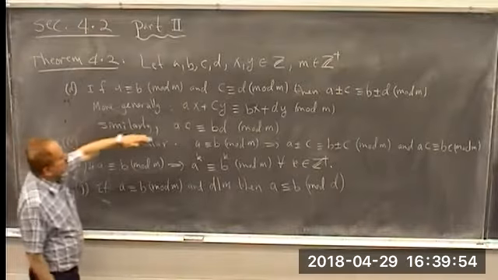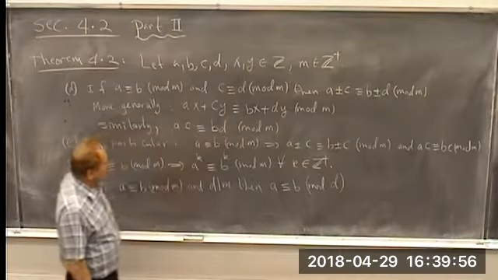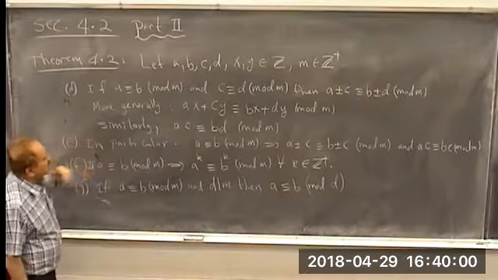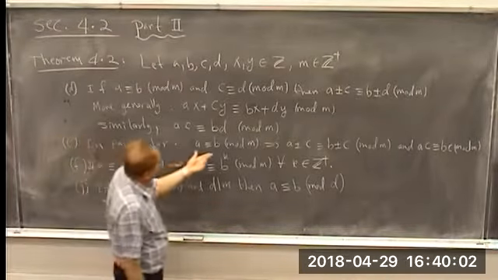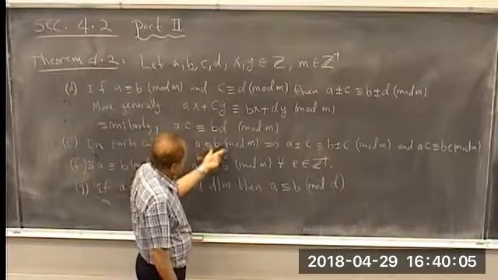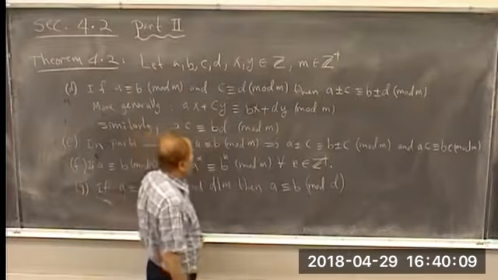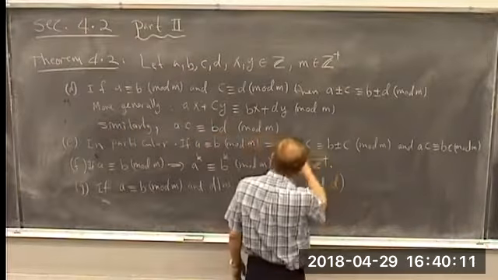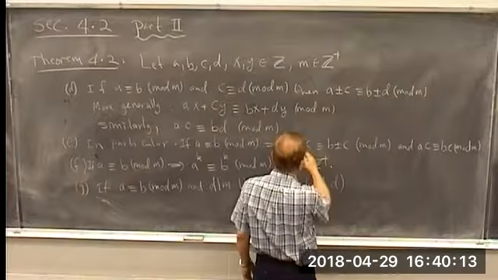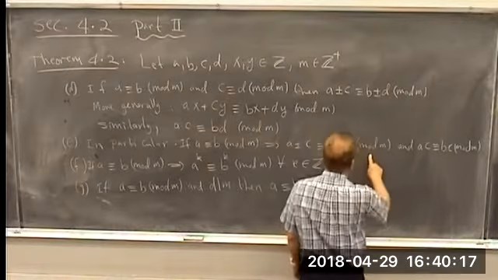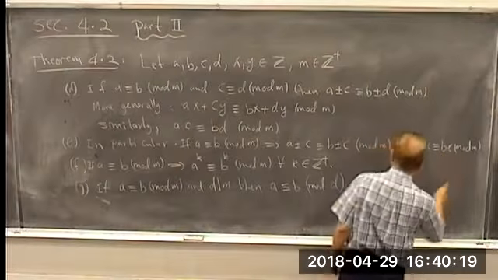Similarly, this works for multiplication. In particular, we're going to see that if A is congruent to B mod N, then I can add or subtract the same integer to both sides, and congruence is preserved, and the same thing with multiplication.